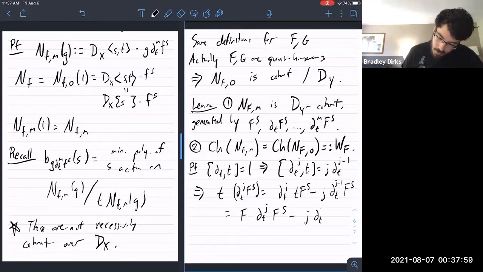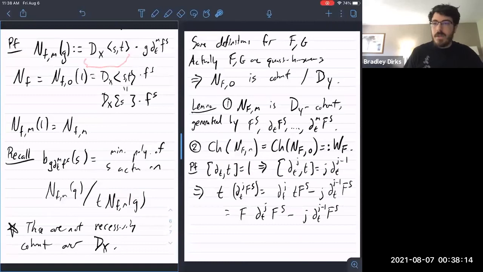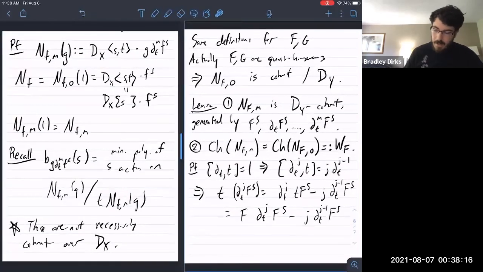Minus j D_t^{j-1} f^s. Assuming we have D_t^j f^s, we can multiply by T and F, which we can do when we're looking at this ring D_X[s] adjoin T, and we automatically get D_t^{j-1} f^s.